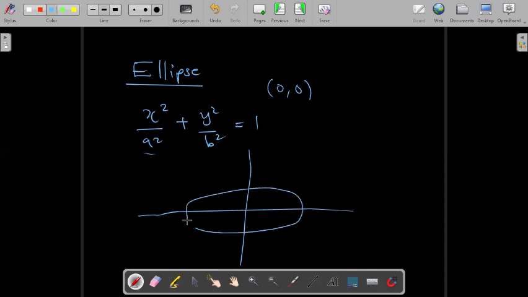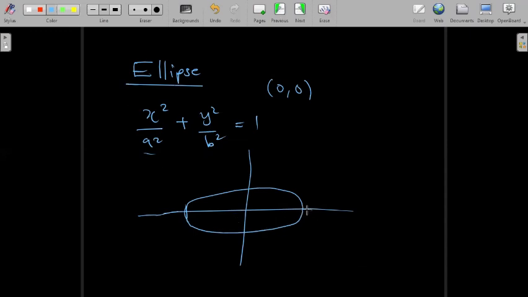Remember, it's centered at 0, 0. These endpoints here are what we call the vertices. Those are the vertices for this ellipse. If it's in the horizontal plane like this one, they are given in x, so that's a, 0 on this side, and on this side, since it's negative, negative a, 0. So this is what you get.